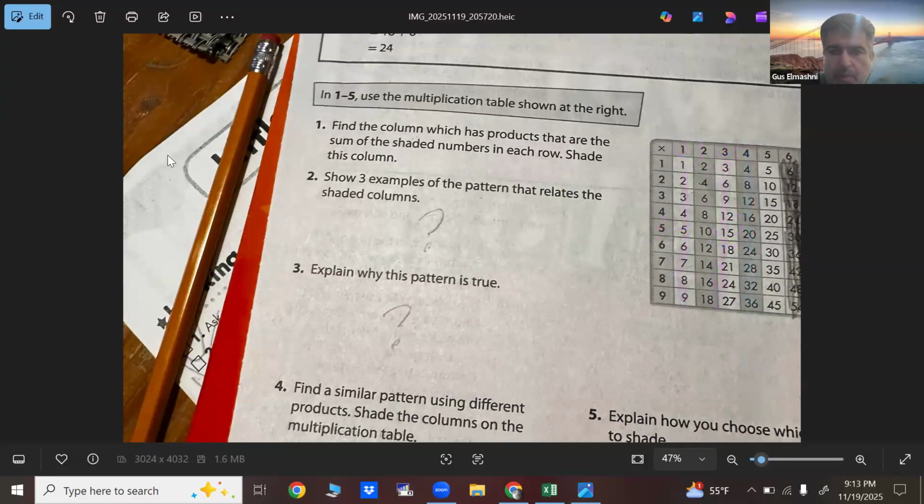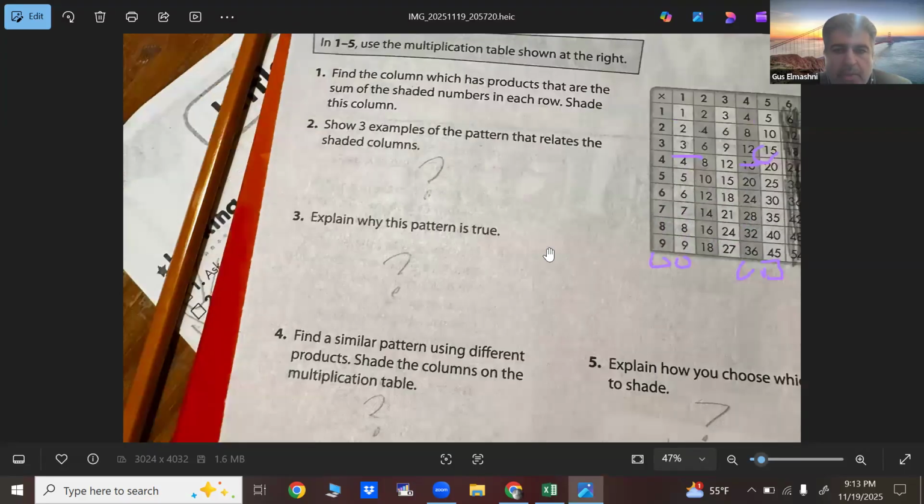Well, didn't 2 plus 4 add to 6? 1 plus 3 adds up to 4. Or 1 and 4 adds up to 5. So if I take the 7th row, 7 times 1 is 7. 7 times 4 is 28. 7 plus 28 is 35.